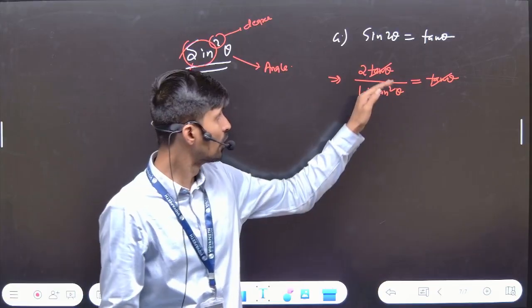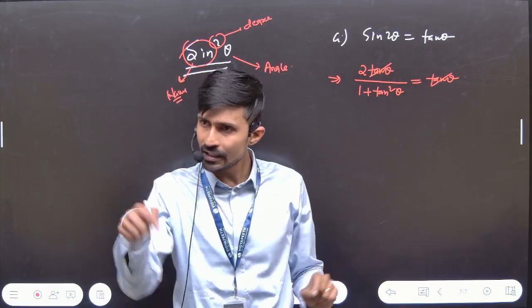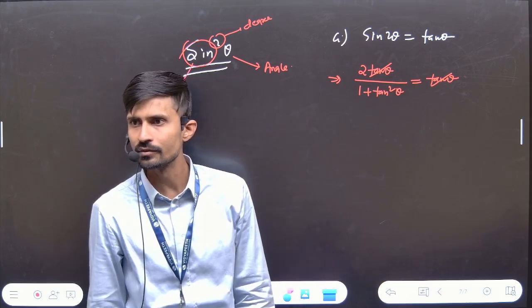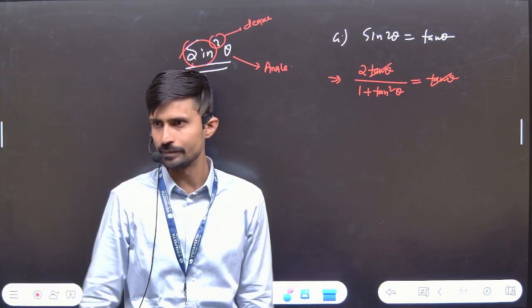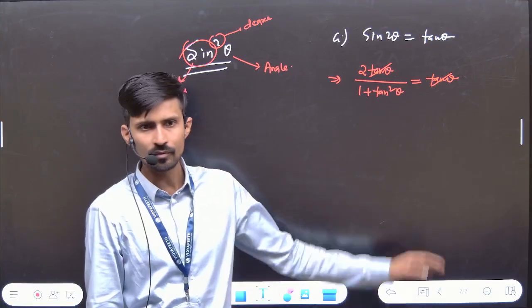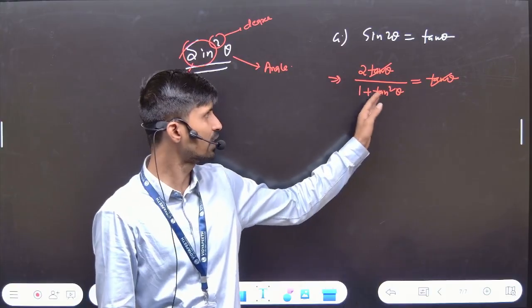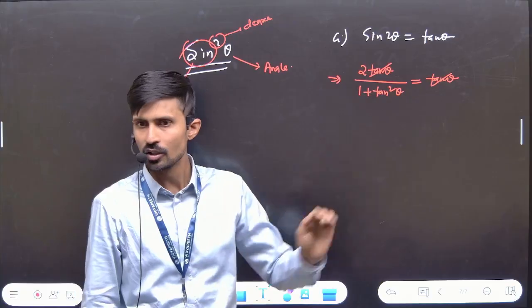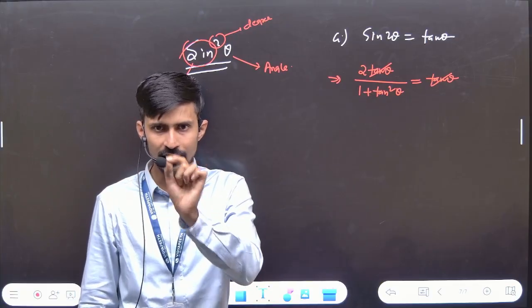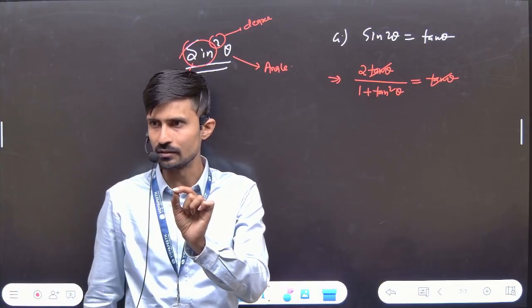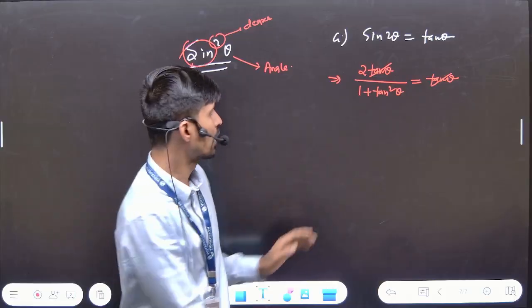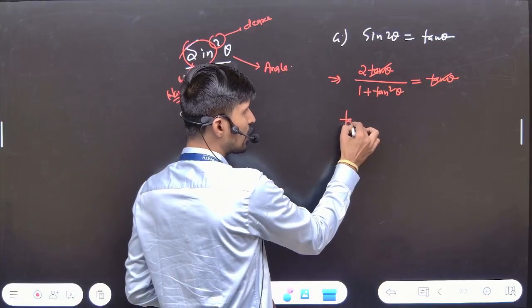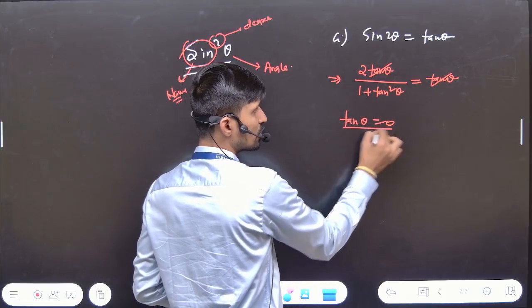Now, when we are cutting these two terms, theta is present in them. We are cutting the term on both sides, and in that term theta is present. Now the question is, can we cut or not? You can cut. But when you are cutting, write down that the cut part is equal to 0.